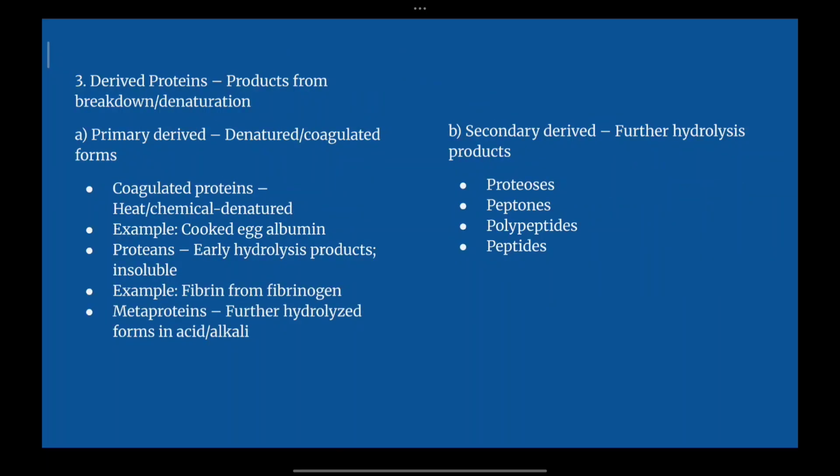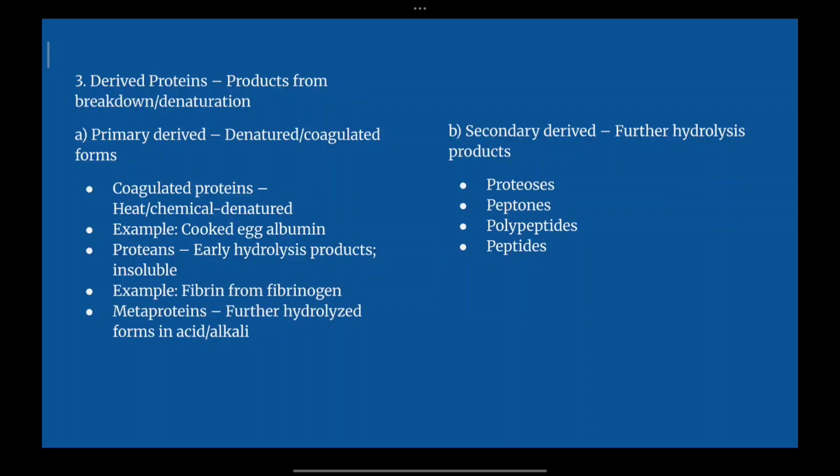Now, derived proteins are products after breaking down or denaturing the protein. Some examples of derived proteins are primary derived and secondary derived. Primary derived are denatured or coagulated forms, whereas secondary derived undergo further hydrolysis of the products that are obtained from the primary derived ones. Under primary derived, the coagulated proteins are heated or chemically denatured.